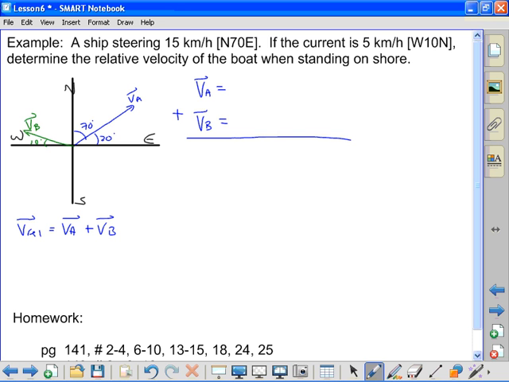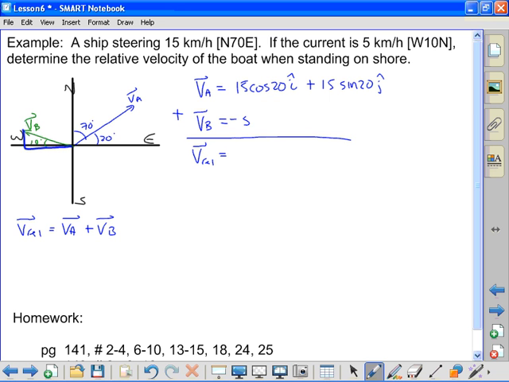When you add those together, you get your relative velocity. So again, make sure your angle is with the x-axis, which it is. So VA, 15 cos 20 i, and again, x component and y component are both positive, plus 15 sine 20 j. VB, in this case, negative x and a positive y.